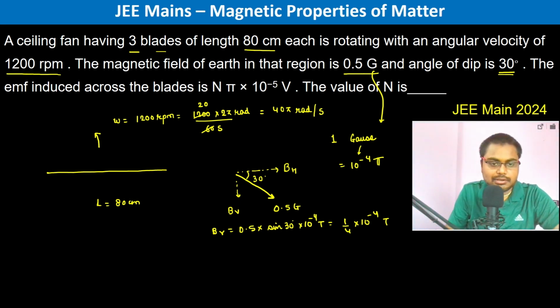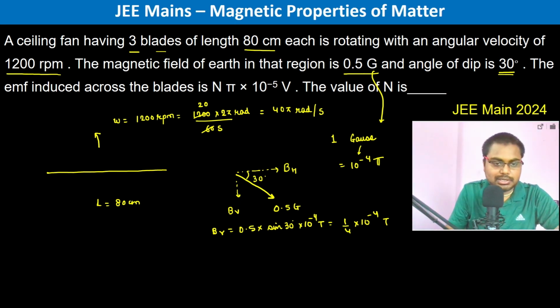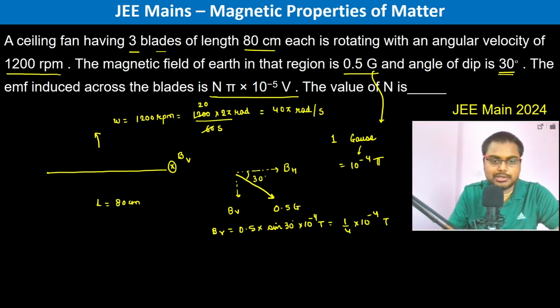So if omega is in this direction, like this is how it is moving, the magnetic field is in this direction, which is B V. BH is not going to play any role. Okay, so let us go ahead. The EMF induced in the blades is n pi into 10 to the power minus 5 volt.